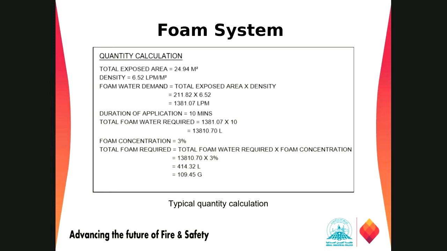From where did this 211.82 come? Okay, I think they have converted the square meters to square feet and come to this solution. And the total foam water demand should be around 1381 lpm, right?